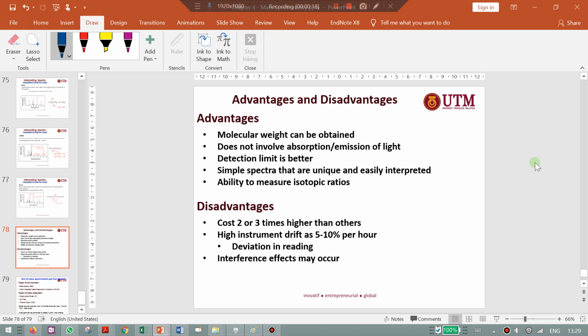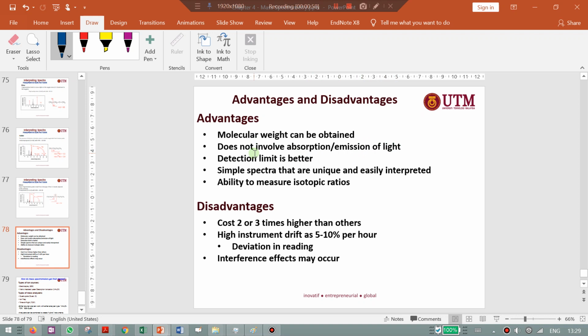You can get information about functional groups, and obtain very good structural information about your compound. It does not involve absorption and emission of light, so it does not require your sample to absorb UV or have a chromophore. It's not necessary.